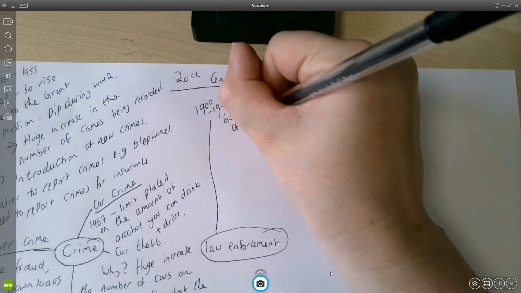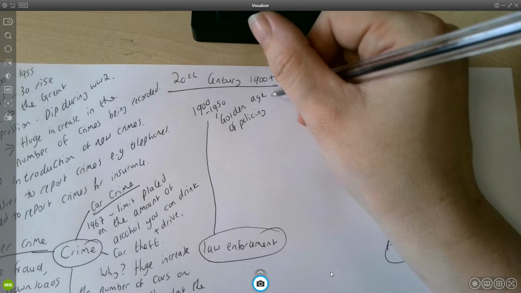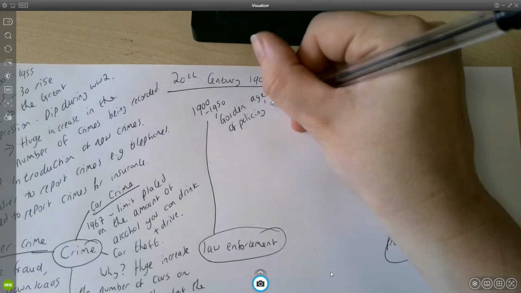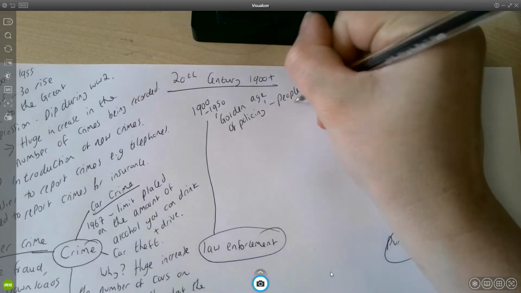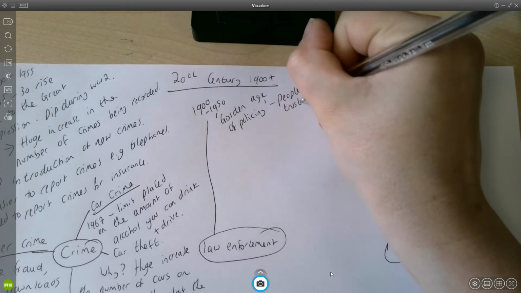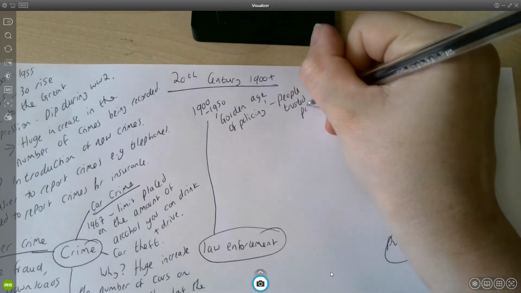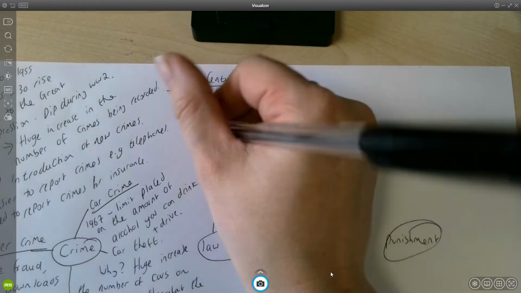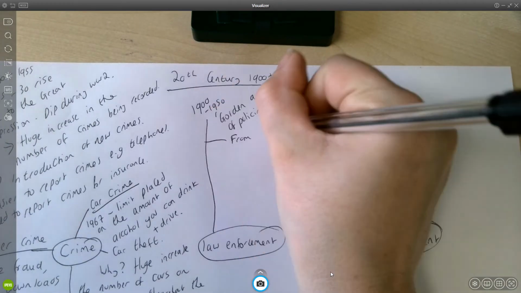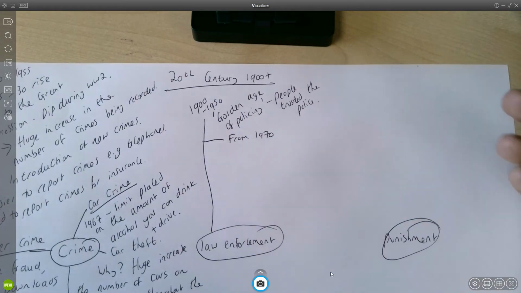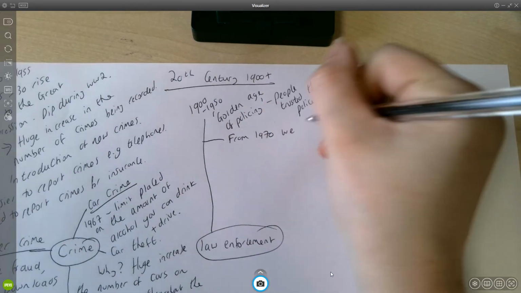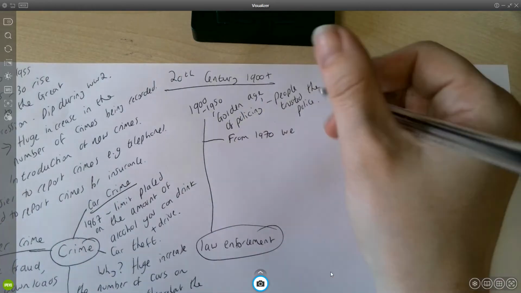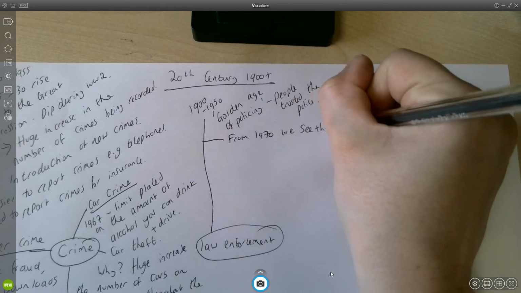And that's because people trusted the police. Now, it's not to say that people don't trust them today. It's just that from 1970, we see the trust from the 50s begin to erode.